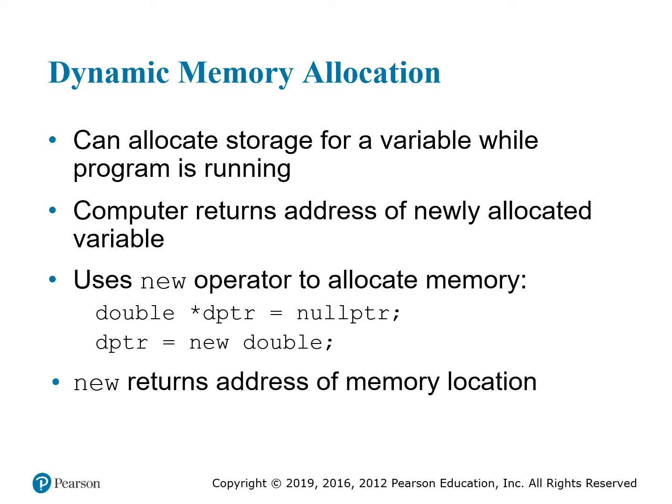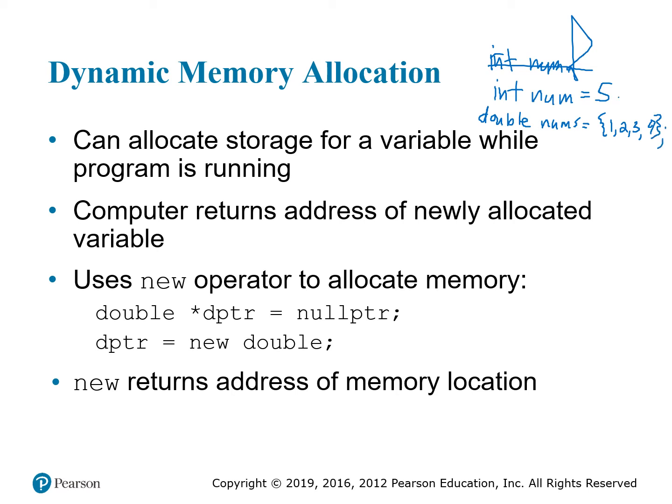So far in our programming, we've allocated memory storage this way. Int num equals 5, or double nums equals 1, 2, 3, 4.